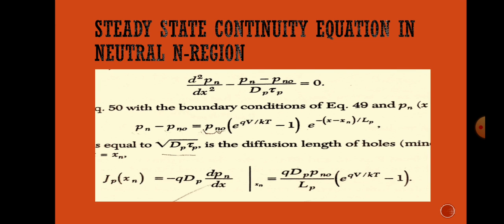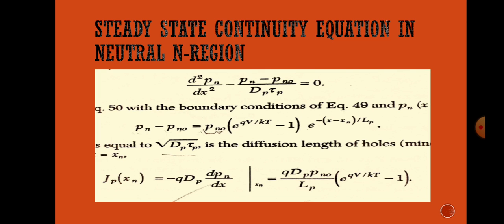The solution of this equation with boundary condition Pn at x equal to infinity is equal to Pn0 will give us Pn minus Pn0 equal to Pn0 (e to the power qV by kT minus 1) e to the power of minus (x minus xn) divided by Lp, where Lp is equal to the square root of Dp tau p, the diffusion length of holes, minority carriers in the N region.